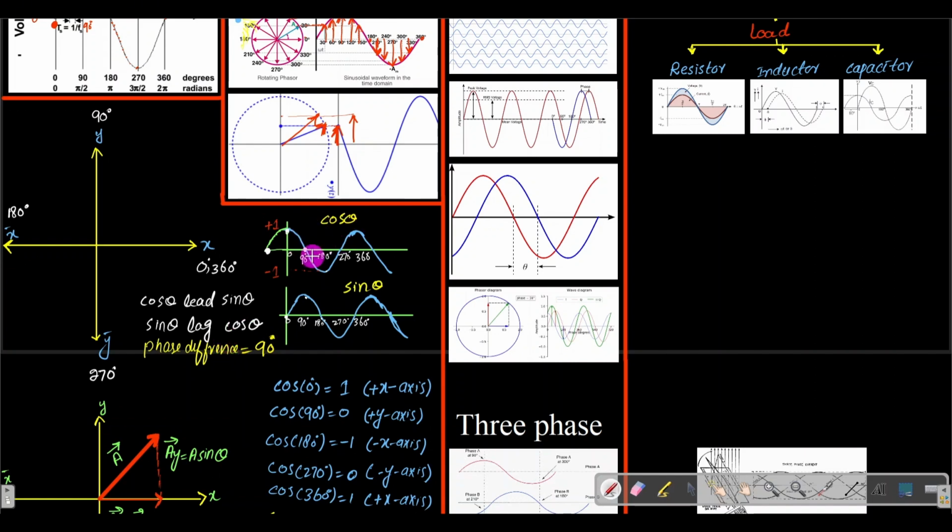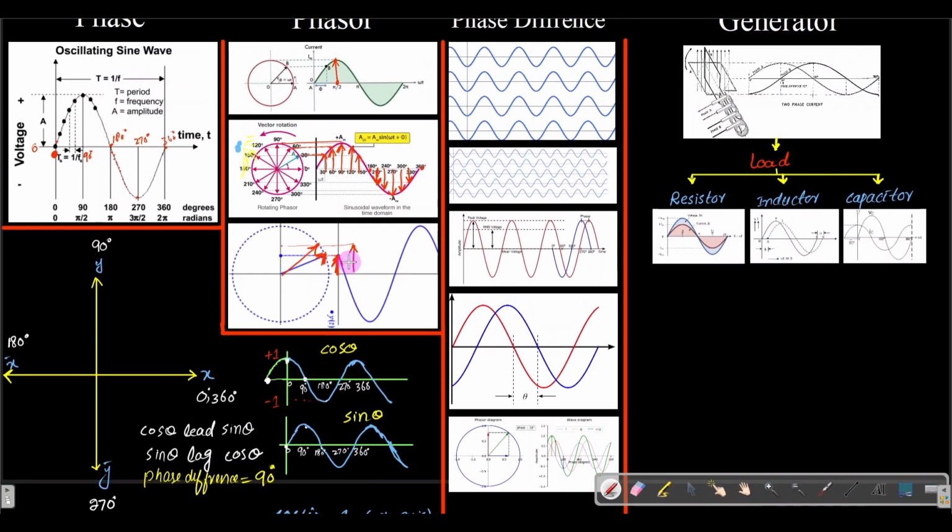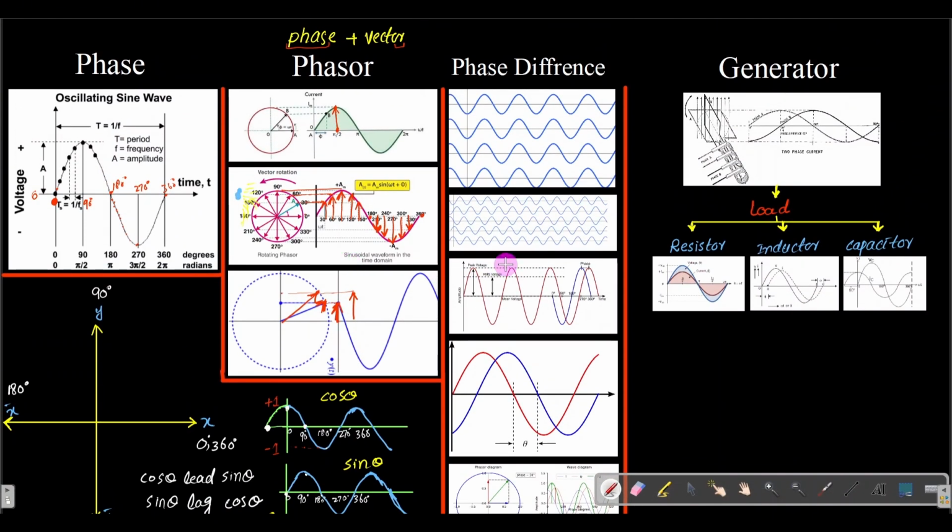Okay, so the cos theta is leading the sine theta by 90 degrees. In other words, we can say that the sine theta is lagging behind the cos theta by 90 degrees. So from here we also cover the concept of the phase difference.